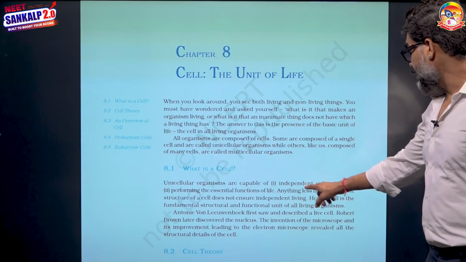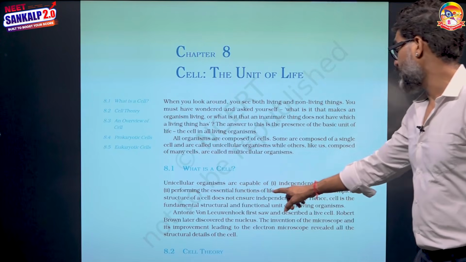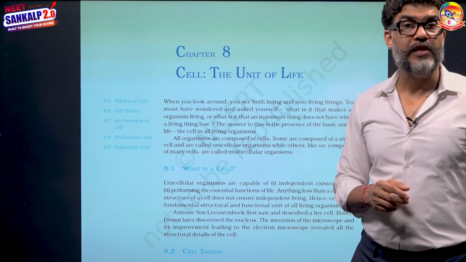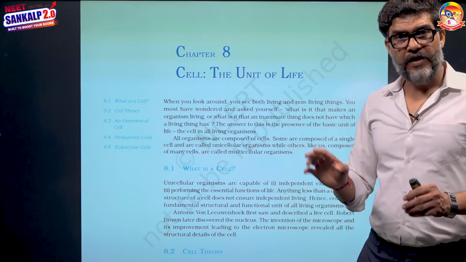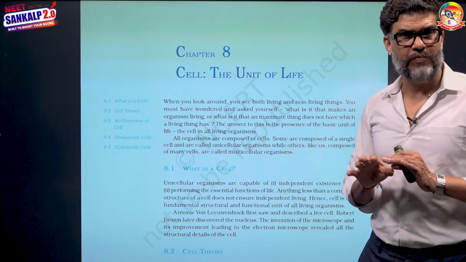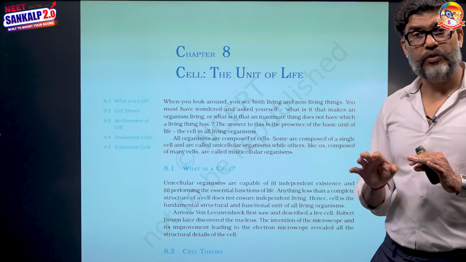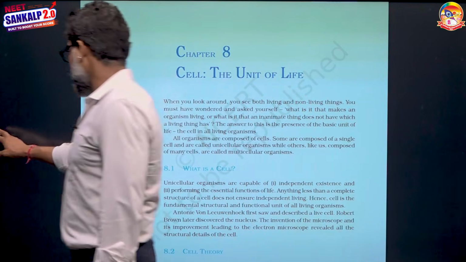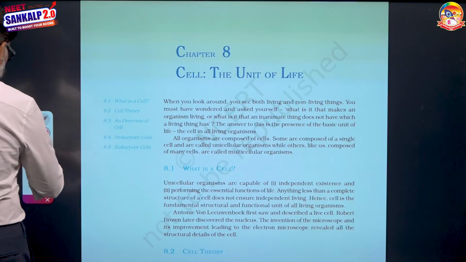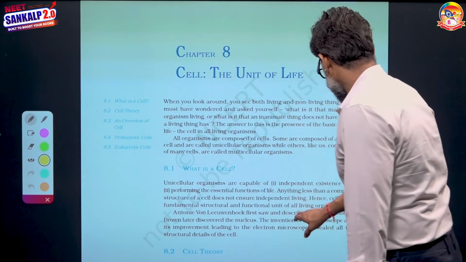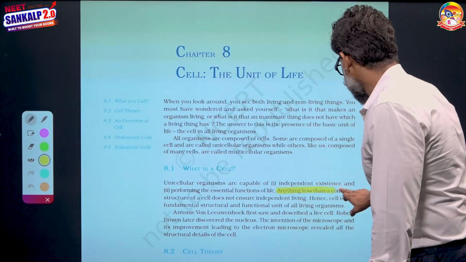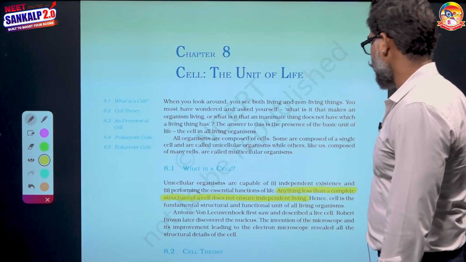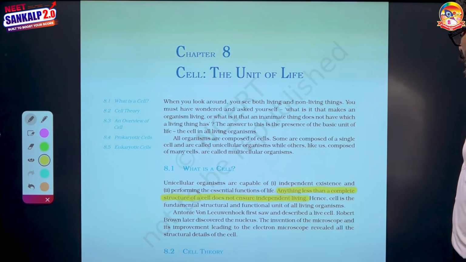This is the reason why viruses are not considered to be living beings, because they are not made up of cells. Anything less than a cell, not made up of a cell, would not be able to show independent living or independent existence. So this line is very crucial from the exam point of view. I highlight it also: anything less than a complete structure of the cell does not ensure independent living. Keep this in your memory.